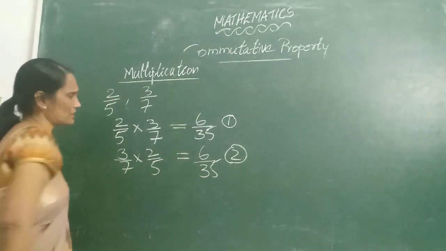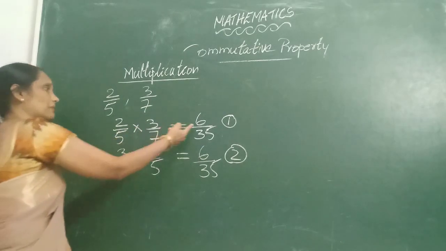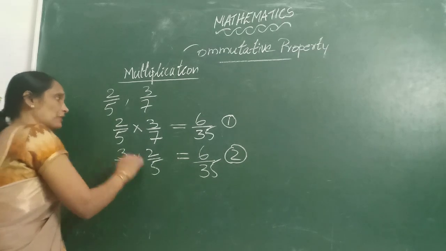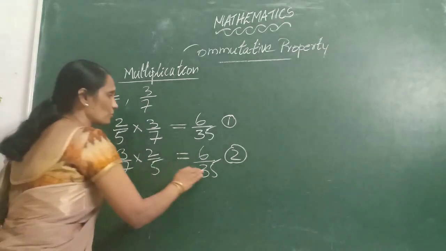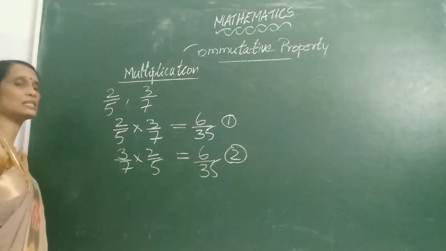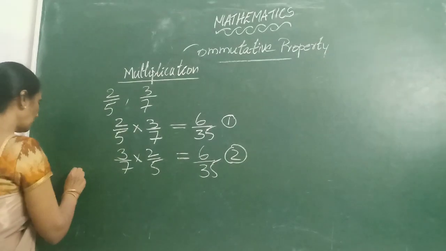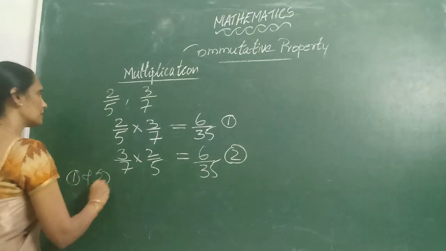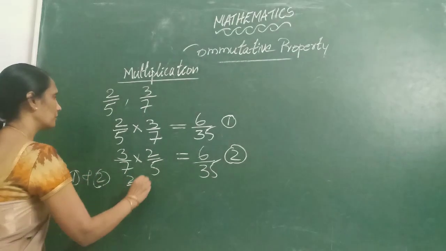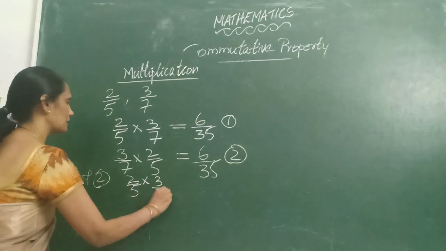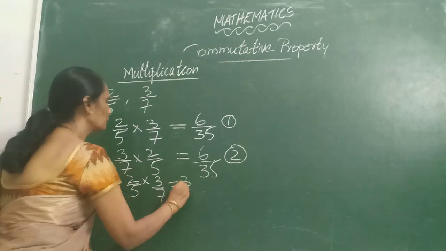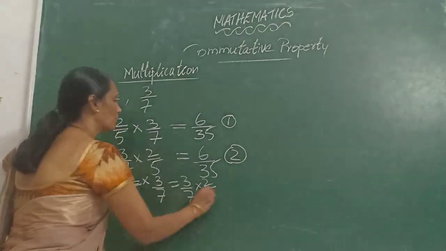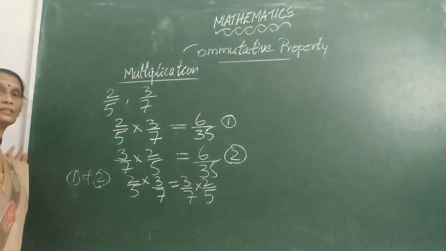Whether the result changes? No. 2 by 5 into 3 by 7 is 6 by 35. When the order changed as 3 by 7 into 2 by 5, then also we got the same result, 6 by 35. So we can write like this: from 1 and 2, 2 by 5 into 3 by 7 is equal to 3 by 7 into 2 by 5. What did you understand?